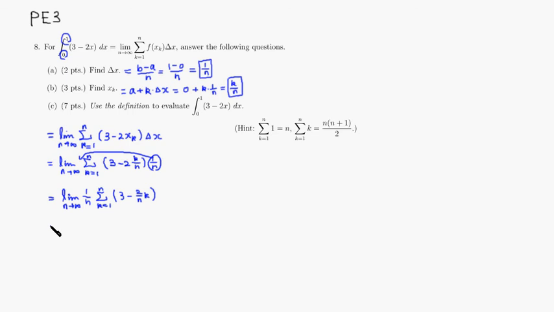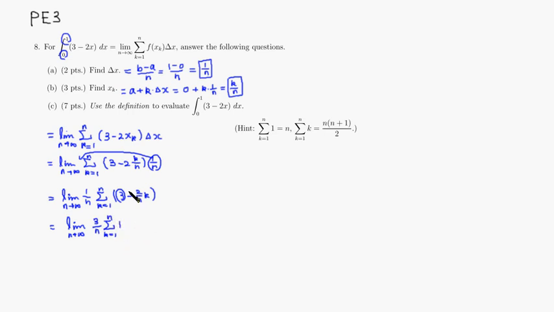So this is going to be the limit as n approaches infinity. 3 is just a constant, put it outside. So you would have 3 over n, then summation k goes from 1 to n of 1.